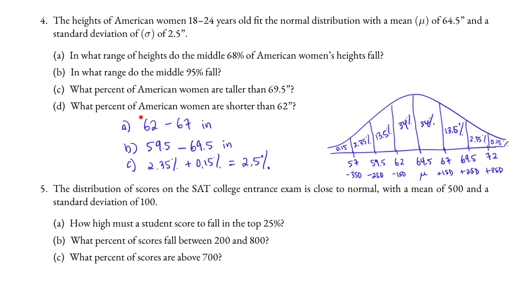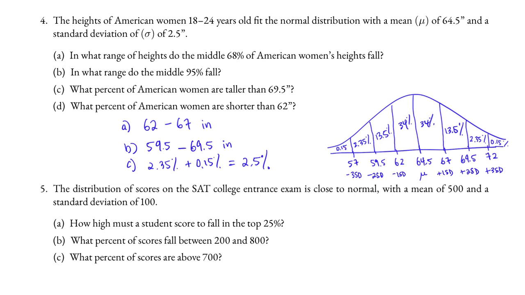D. What percent of American women are shorter than 62 inches? Shorter than 62 inches, or less than 62 inches. So we want the percentage on the left hand side of 62. There are 3 percentages, 3 pieces. We can add them all up, and we will get 16%.